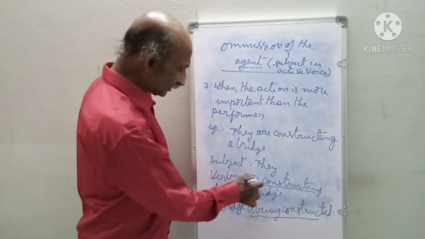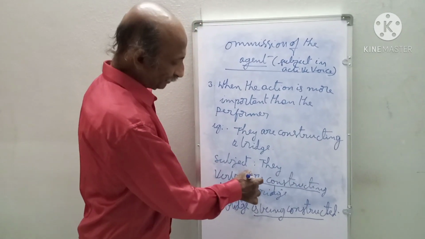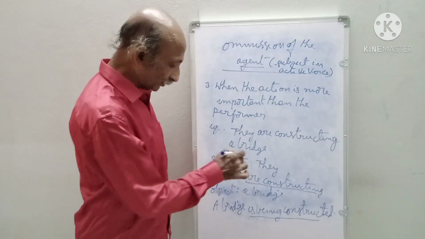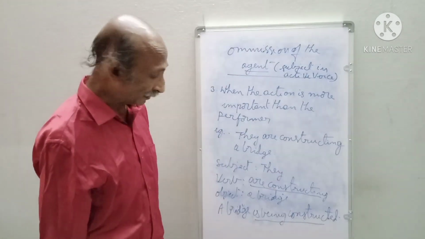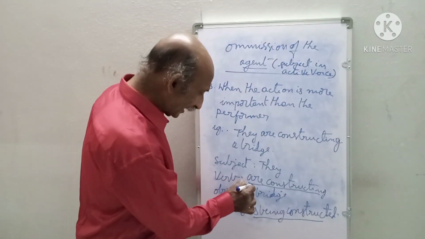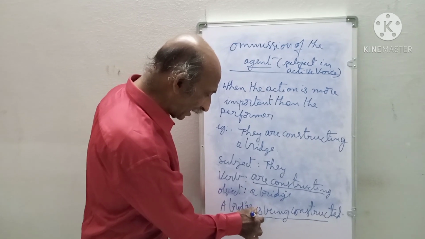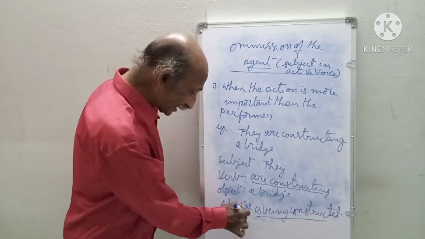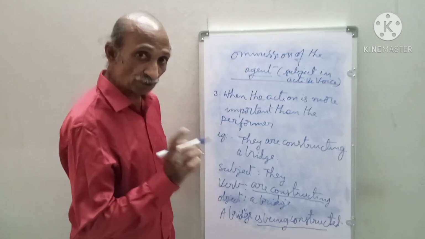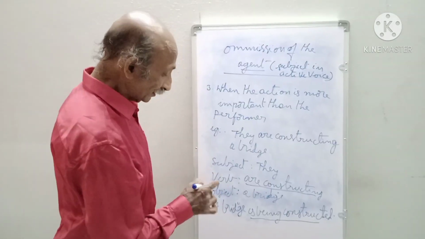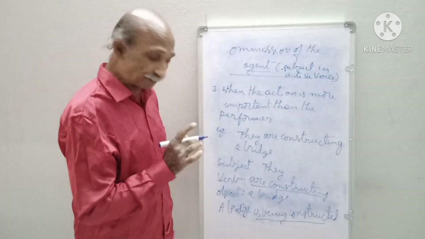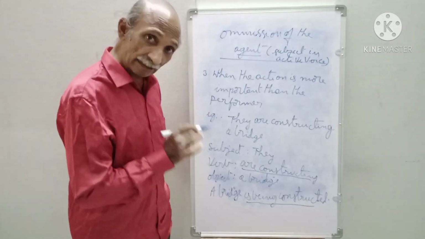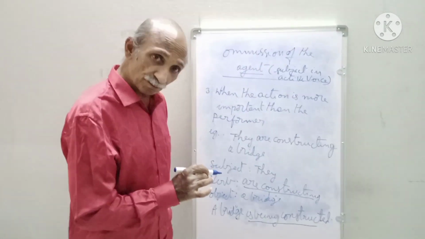Now, the verb is are constructing. The verb is in present continuous form. So, the be form is being. But remember, here I did not write "are", I wrote "is", because in the passive voice the subject is singular. This is the most important point to be noted. In any context, the verb must agree with the subject in number, person and tense.